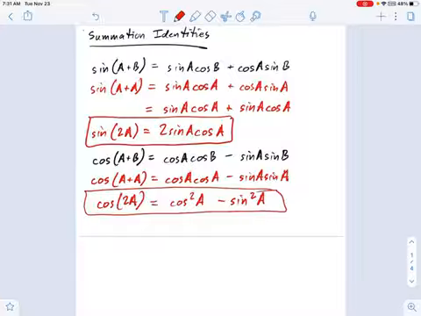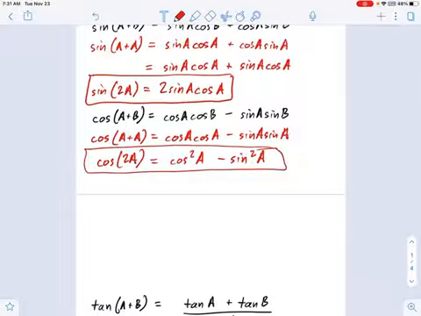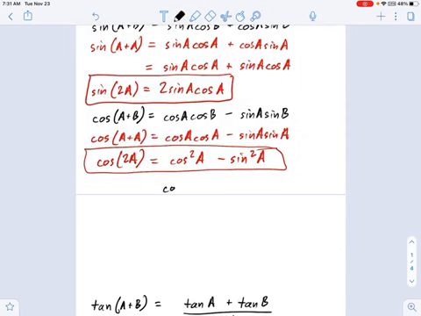But there are several different versions of this one, so I want you to be comfortable with all three of them. If you remember the Pythagorean identity, what is cosine squared equal to? Think about that for a moment. Cosine squared of a is equal to 1 minus sine squared of a.